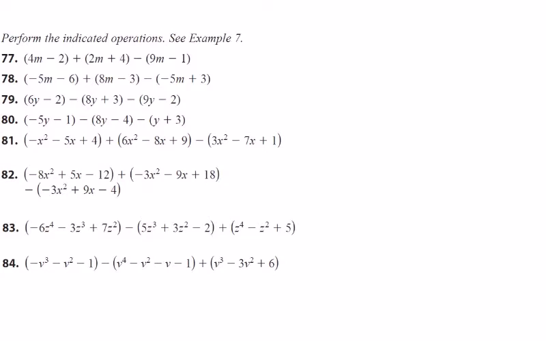So the first thing I'm going to do is combine my m's, m to the first power, right? First degree m's. And so the mental math there would be negative 5m plus 8m minus negative 5m, right? So that negative turns into a positive. So really I'm just adding negative 5 plus 8 plus 5, right?